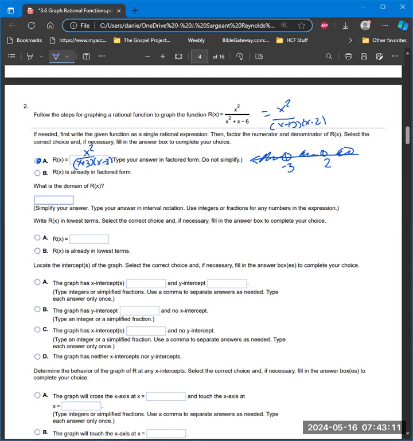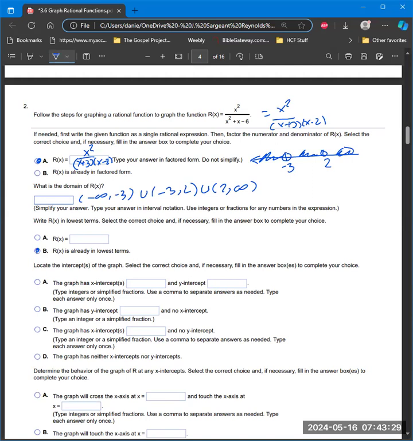So my domain is going to be -infinity to -3, union -3 to 2, union 2 to infinity. There are no factors that cancel, so it's in lowest terms already.